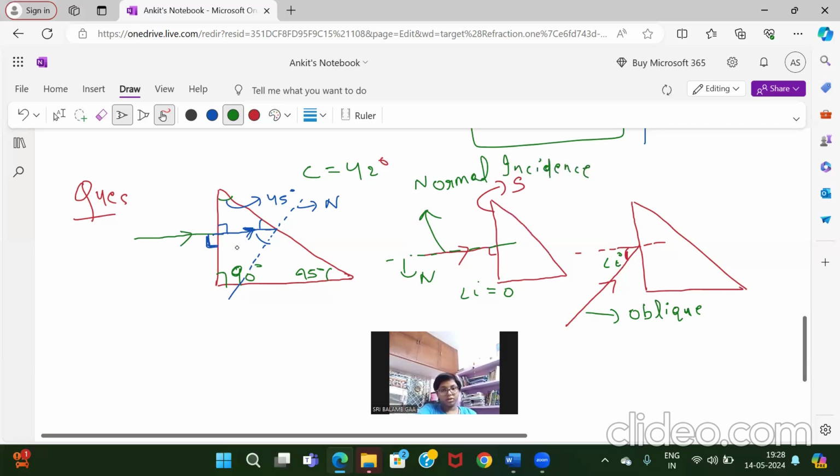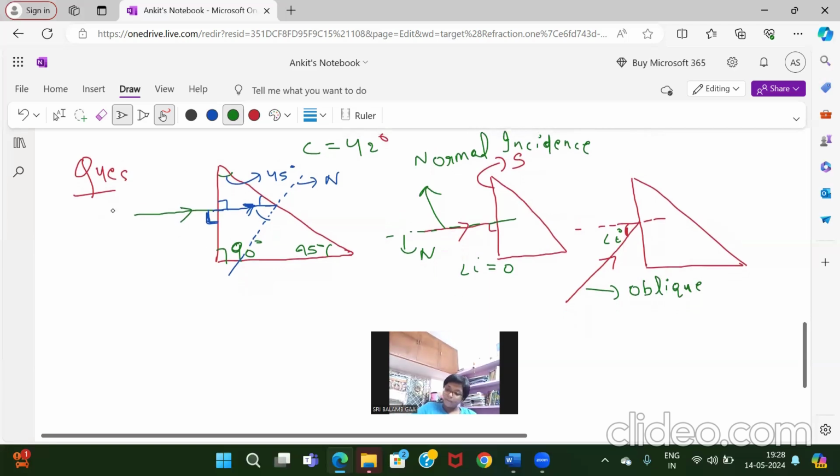Yes, sir. So if the angle of incidence is 0, then apply Snell's law: mu1 sin I equals mu2 sin R. Sin I is 0 because sin 0 is 0, then the angle of refraction will also be 0. Clear?